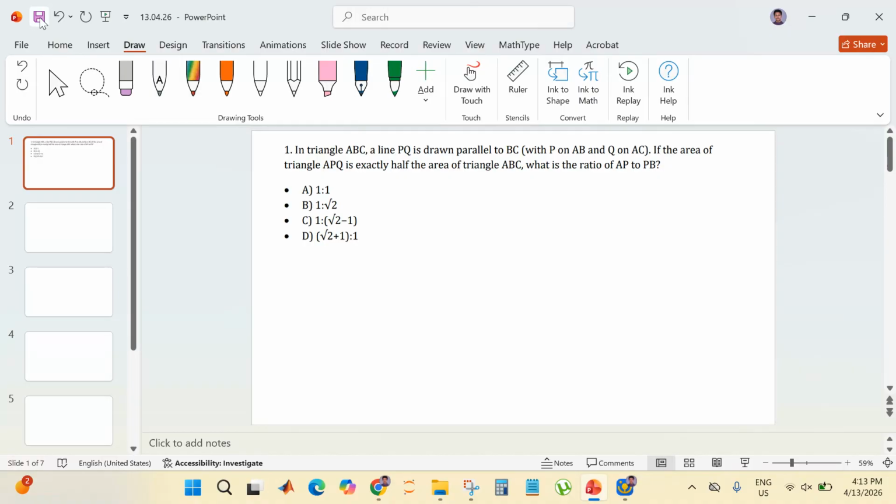The first question is very easy actually. First draw it and understand what theory will be associated with that particular problem, and then proceed.